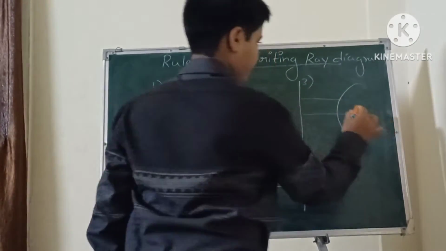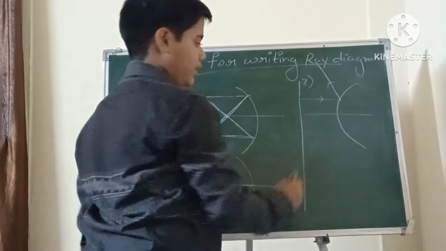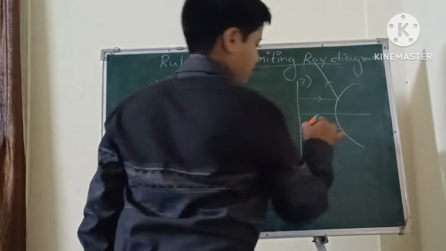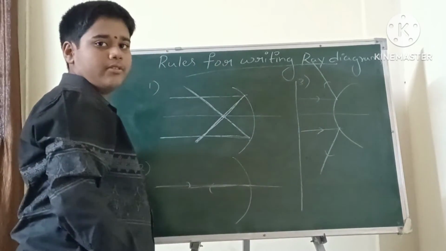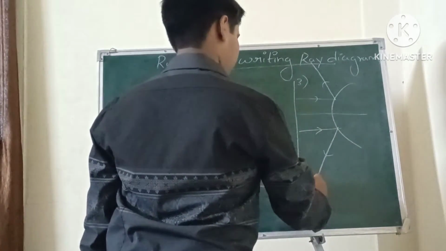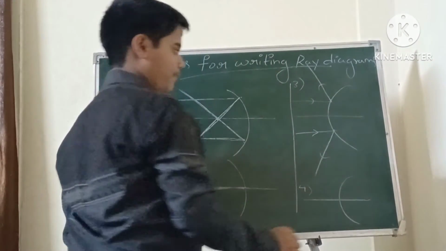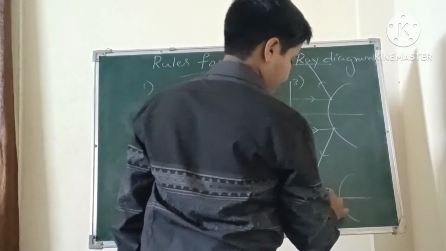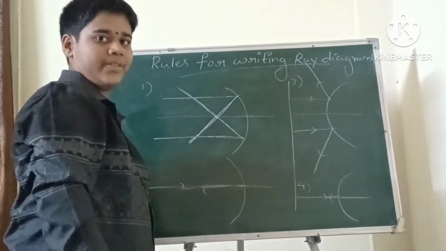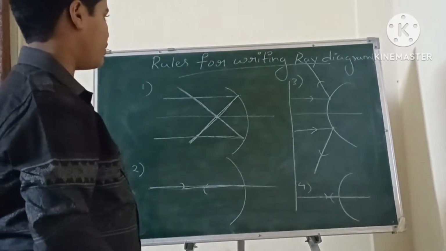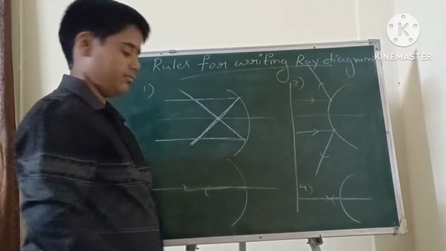Here the fourth rule, in a concave mirror, this is the principal focus, and if the ray goes to the middle of the mirror, it is reflected back along the same path. These are the 4 rules of writing ray diagrams.